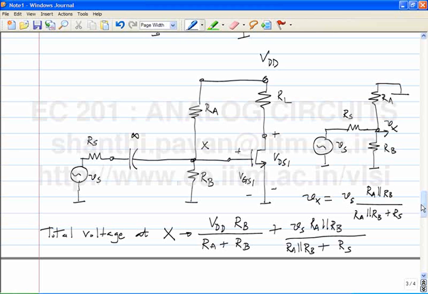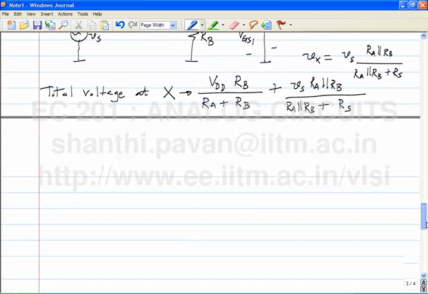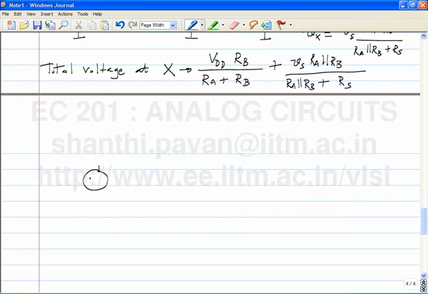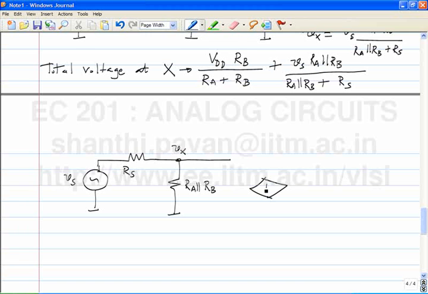So the incremental gain of the entire amplifier from the input to the output is, so let me draw the incremental circuit. This is Vs, Rs, RA parallel RB, which is the incremental Vx, and there is Gm times Vx, this is RL.